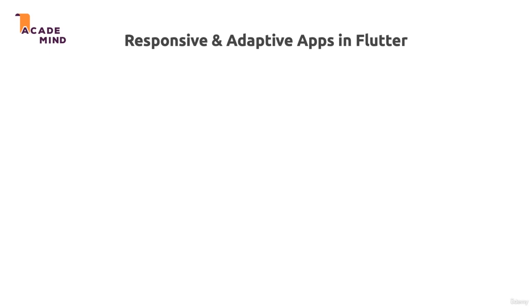And of course, our overall goal in Flutter is that we still only use one code base, one project. We don't want to start building totally different apps just for the different platforms, because then we would be almost at the same point we are if we just use the native programming languages for the platforms.